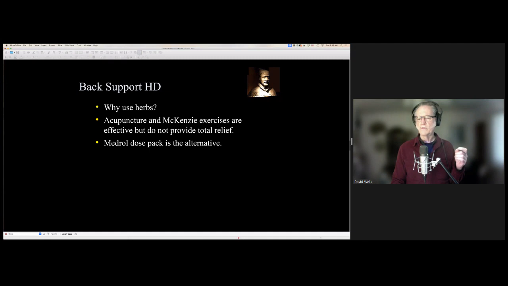Yeah, more yeses than no. And people know it's a steroid. Well, let me tell you a little about Medrol. It's methylprednisone, which is a steroid, and steroids shrink inflammation.